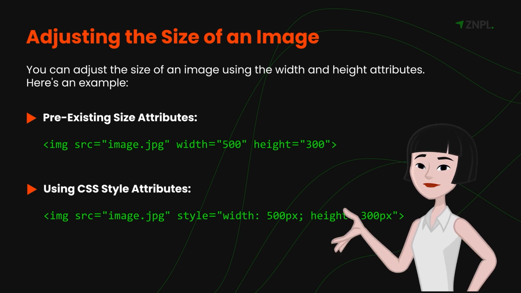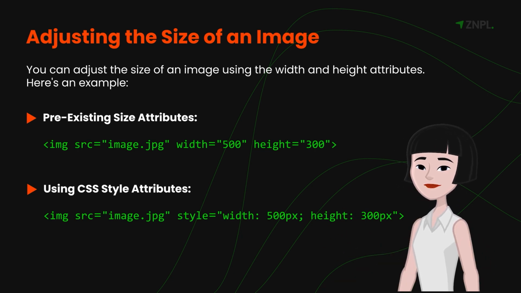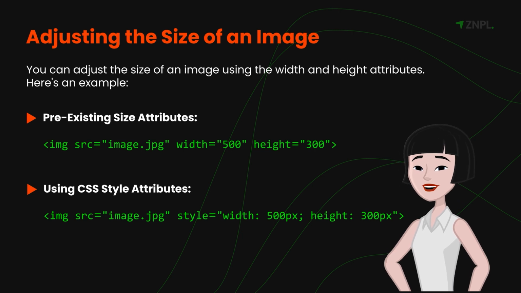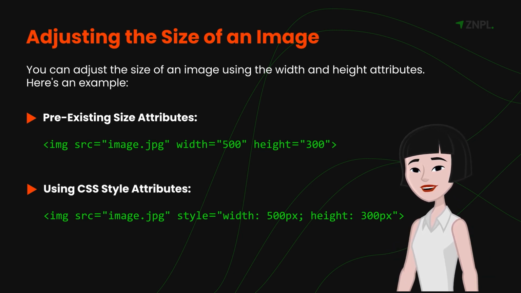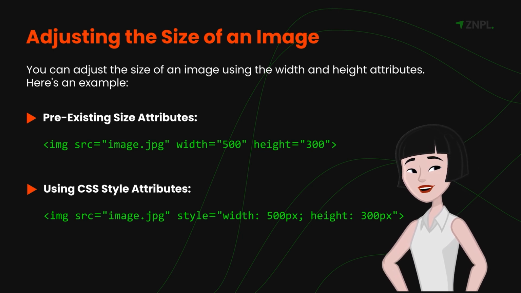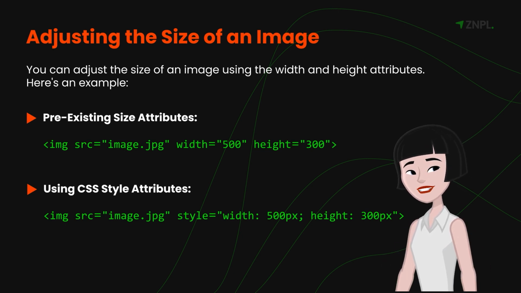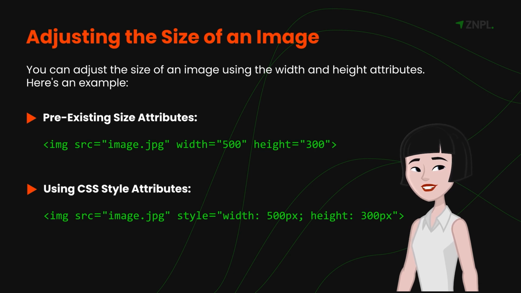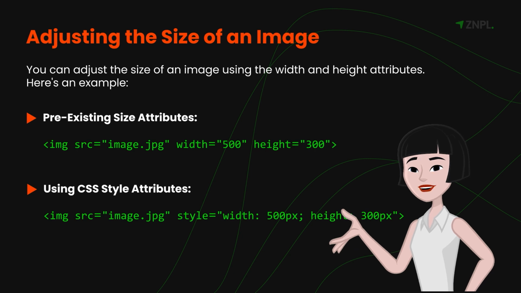You can also use the inline style attribute with CSS to adjust the size of an image. It is recommended to use CSS styling when manipulating image size, instead of the width or height attribute inside the img tag in the above example. Here is an example.